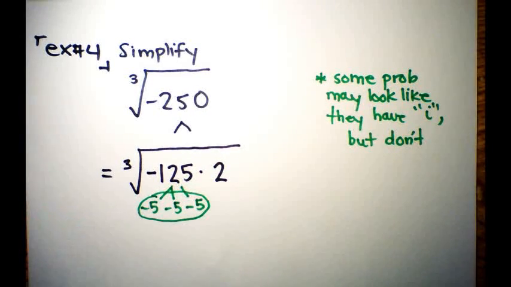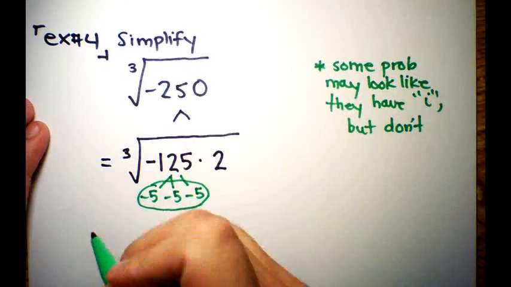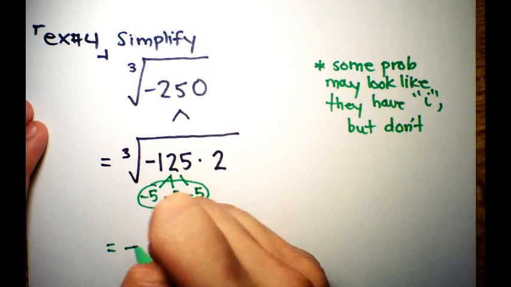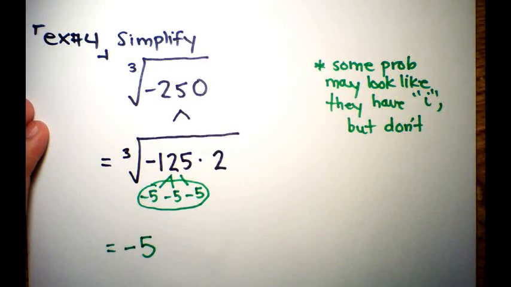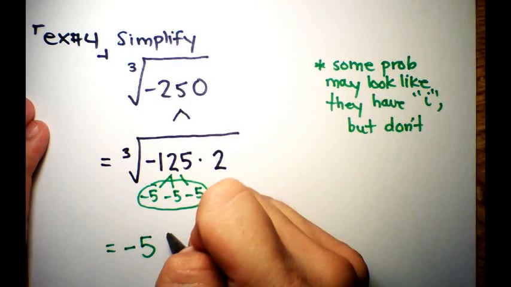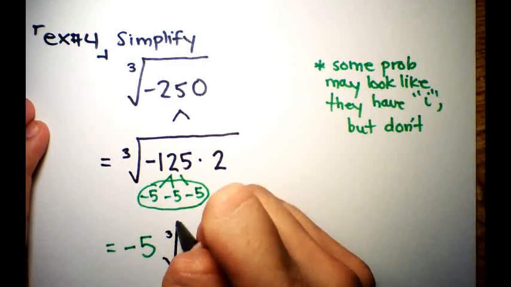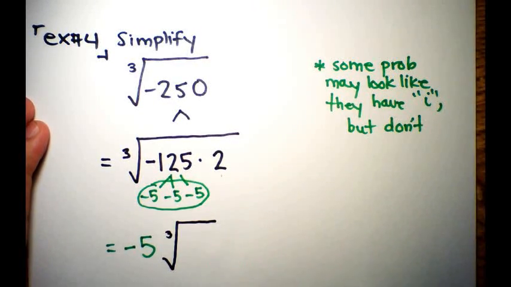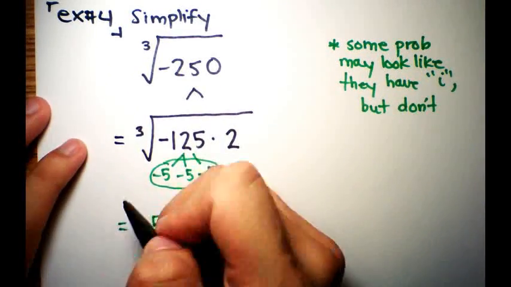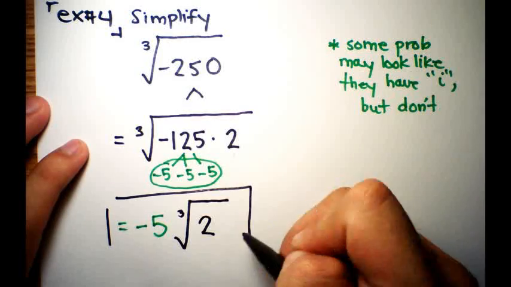We didn't even have to use i in this case. How many of these are we going to bring out? We're only going to bring out one of them. So that's going to be negative 5. So that goes out. Cube root of what's left under the cube root is the 2, because it does not have a triplet. So this is your answer for example number 4.